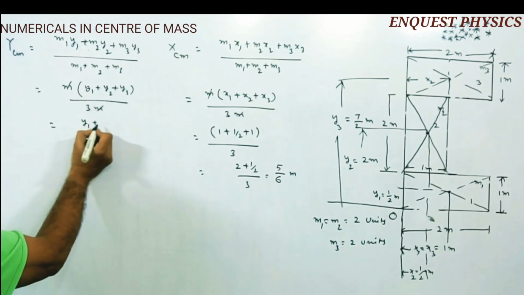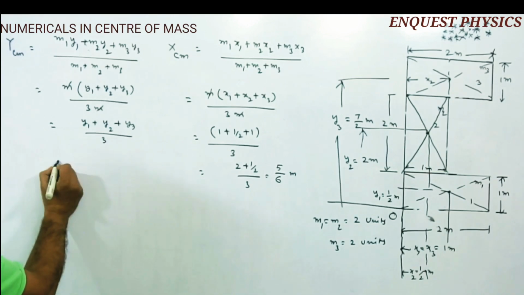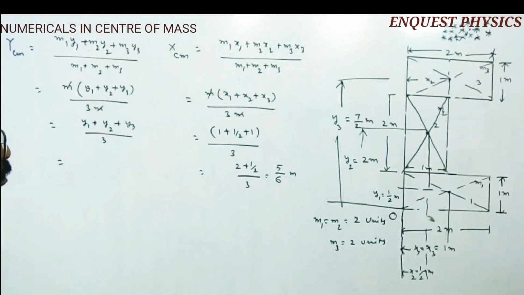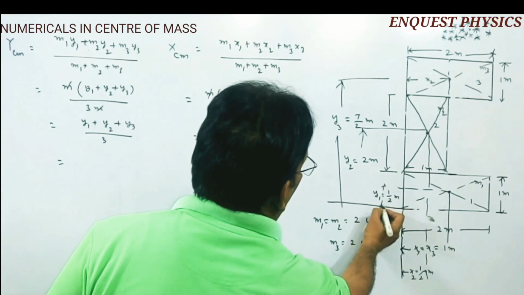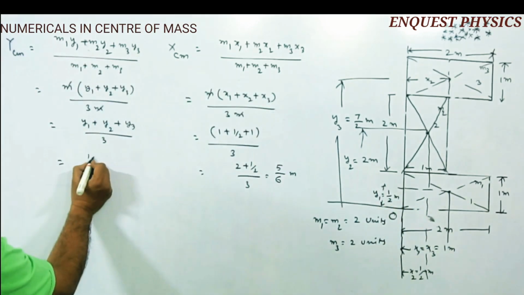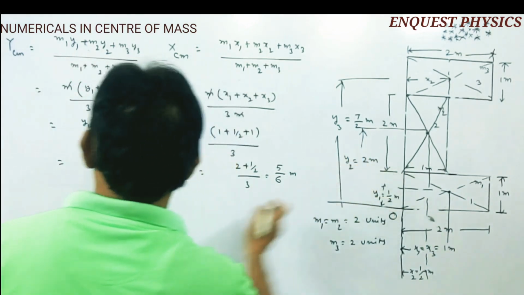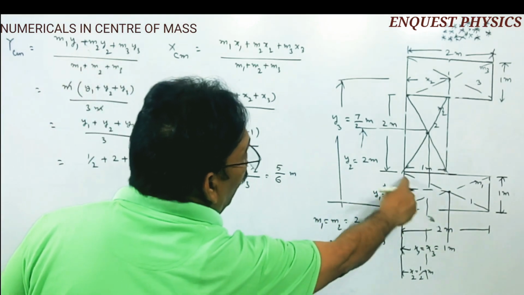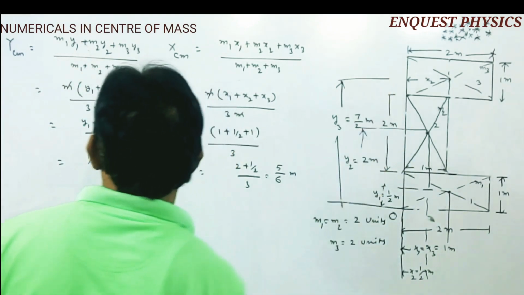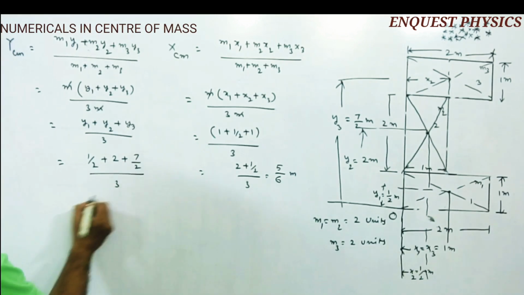That is y1 plus y2 plus y3 by 3. y1 is equal to half, plus y2, 1 plus 1, 2 meter, plus y3, 1 plus 2, 3 and a half, means 7 by 2, all by 3.